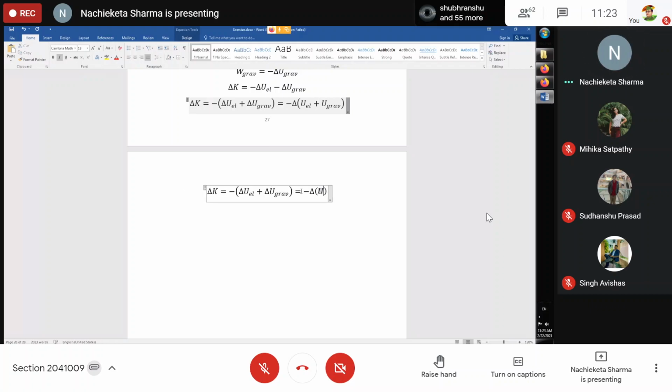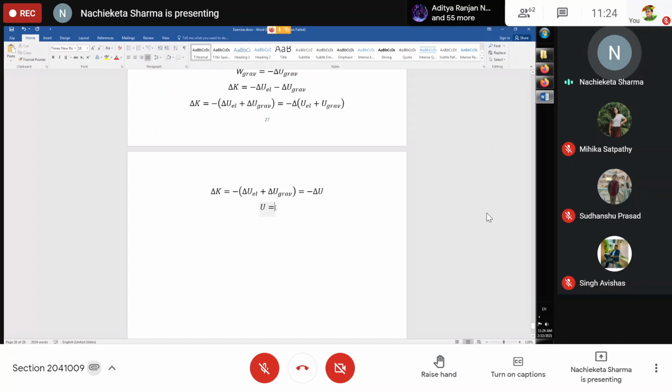So I can now take out the bracket and I can write delta U, and this bracket is no more required. So delta K is equal to minus delta U, where this U is the total potential energy, isn't it? Where U is equal to U EL plus U grav, the elastic potential energy and the gravitational potential energy.